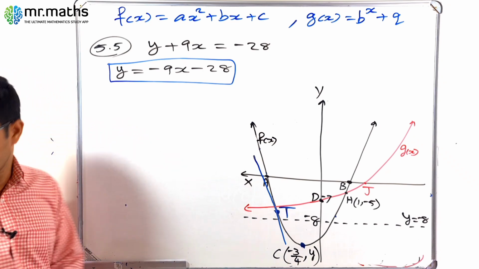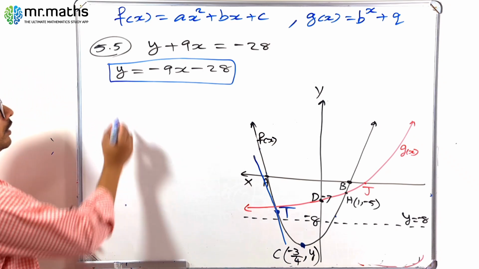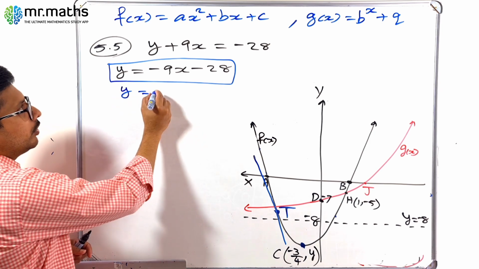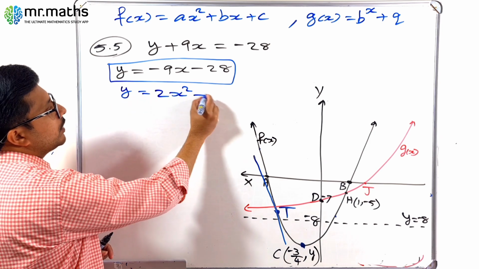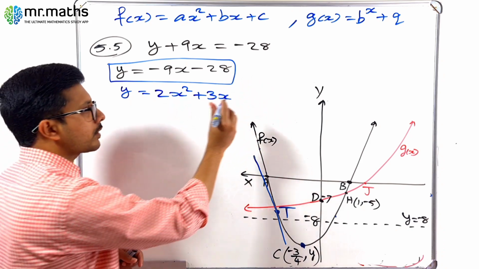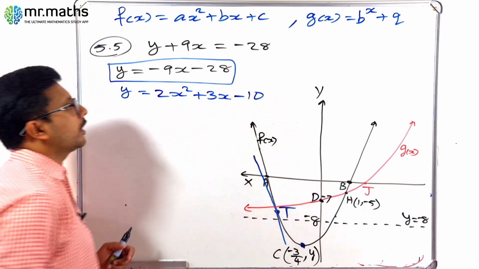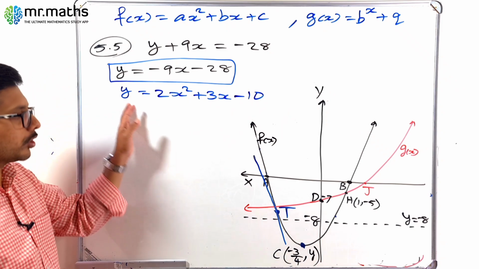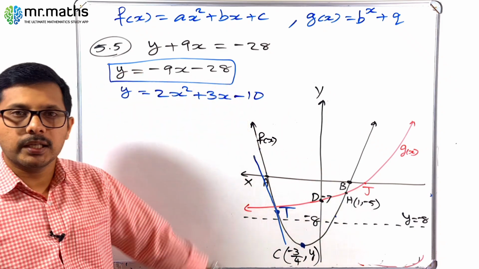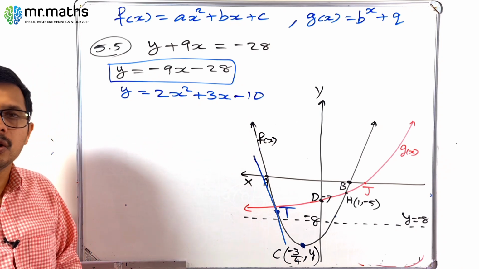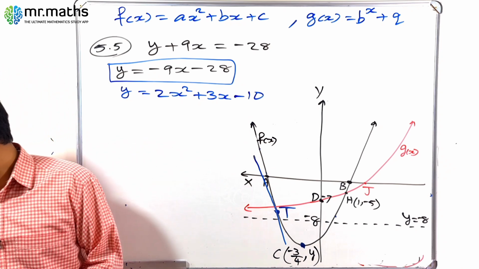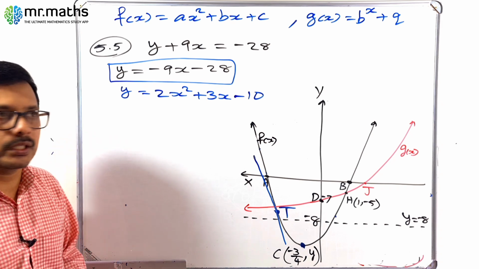In the last question we already got that one. y is equal to 2x square plus 3x minus 10. So this is the equation of the parabola, and this is the equation of the straight line, and we have to find the coordinates of T. You have to find both coordinates, x and y.